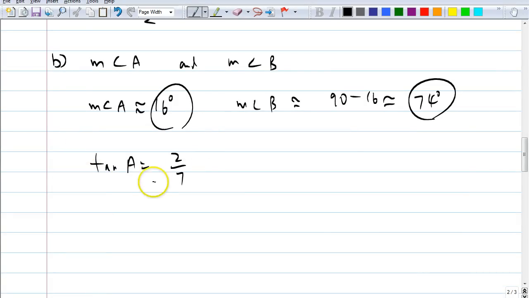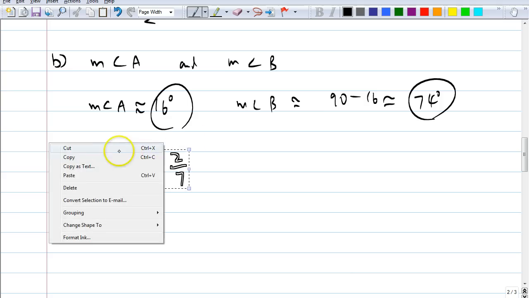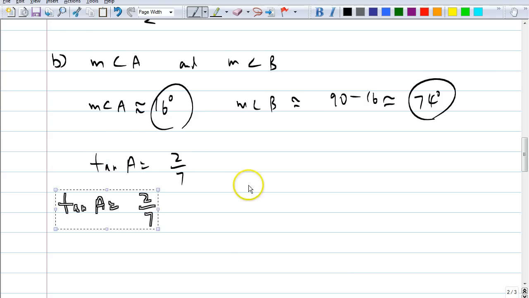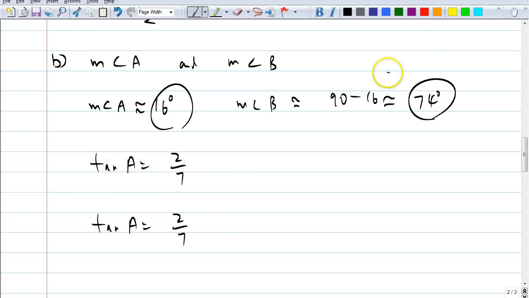So we know that tangent of A is 2/7, right? Remember, whenever you're looking for the actual angle measure, in other words, if you were going backwards, I told you, how do I get rid of this tangent on the left side? You take tangent to the -1 power, which is called tangent inverse, of both sides.